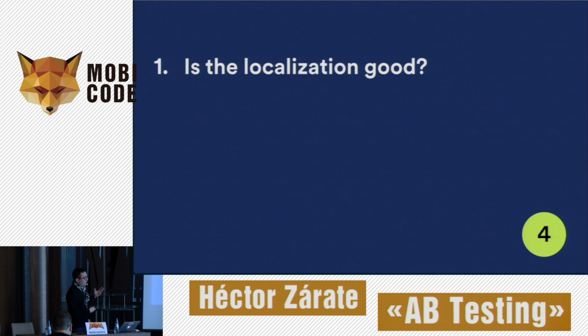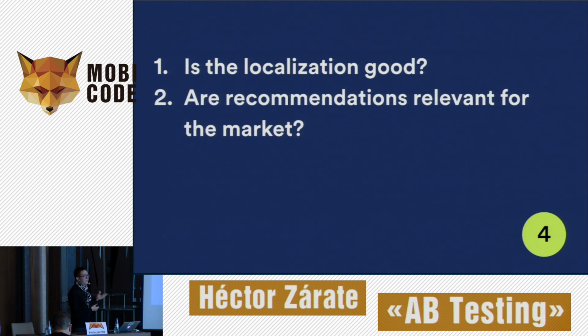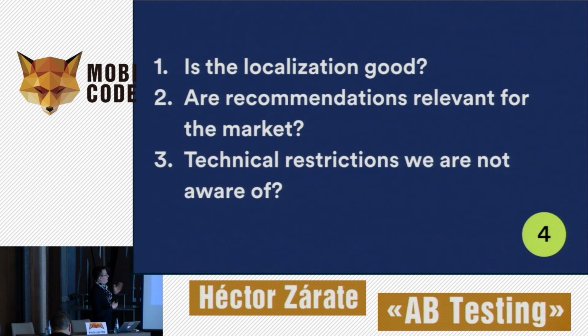These are just the most immediate questions that you come up with: is the localization good? Are the recommendations relevant for the market? Are there technical restrictions that we're not aware of? So this happened during this year, and I remember that in January I was back in Mexico, and something that I noticed was that the mobile network is really slow, incredibly slow.